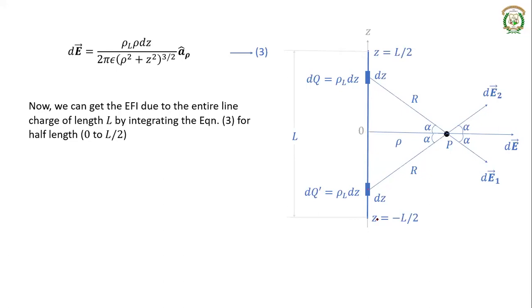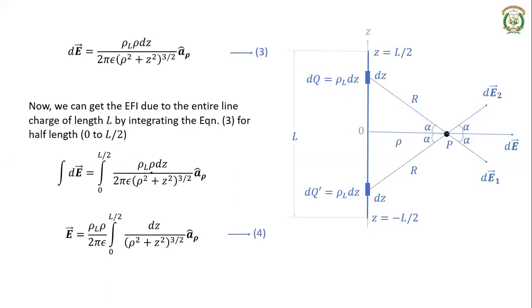That gives the field due to a line charge of finite length L. Integration of dE will be E. The terms unrelated to dz I can keep outside: rho L and rho divided by 2 pi epsilon into integration of dz by rho square plus z square whole raised to 3 by 2, from 0 to L by 2.